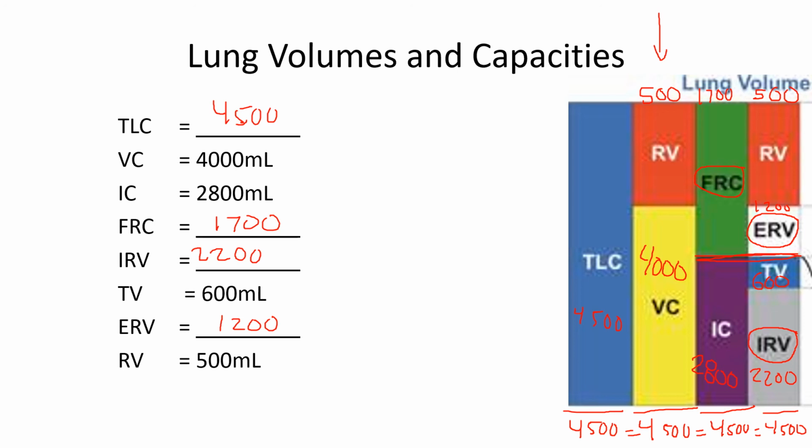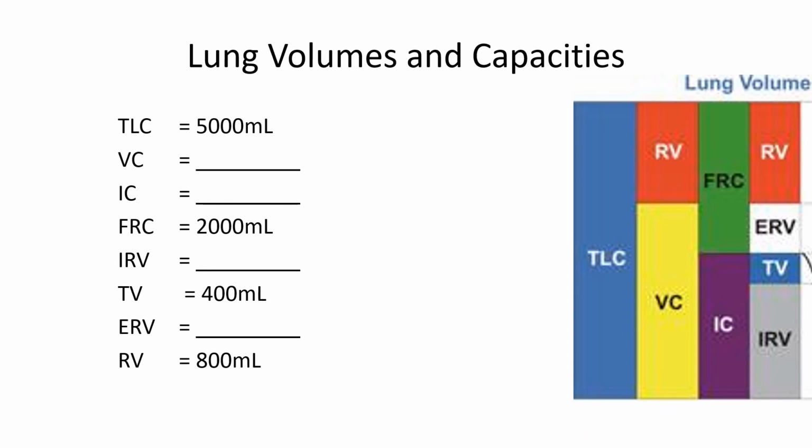All right, I'm gonna let you guys do that last one. You can do it. All right, everybody. Plug and chug. Plug in your known values. And then solve for your unknowns. A little bit different. 5,000 there. FRC 2,000.